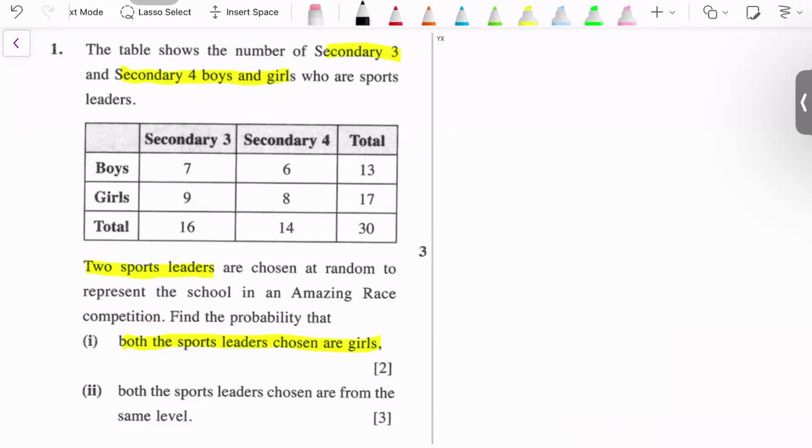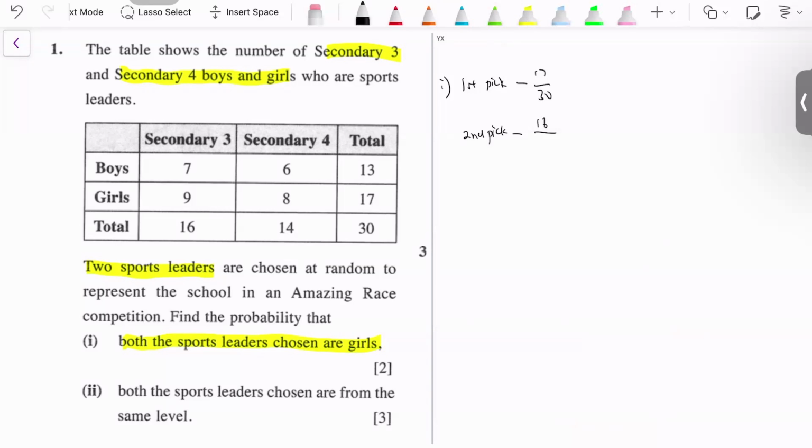Okay, so if we were to calculate, in this case, this is a dependent event because after we choose one, we have to remove one person out of the total. So our first pick, this is our part 1, the probability of us getting a girl is 17, which is the total number of girls, out of 30, which is the total number of students. And our second pick, because we have taken out one girl from the first pick, our total number of girls is 16.